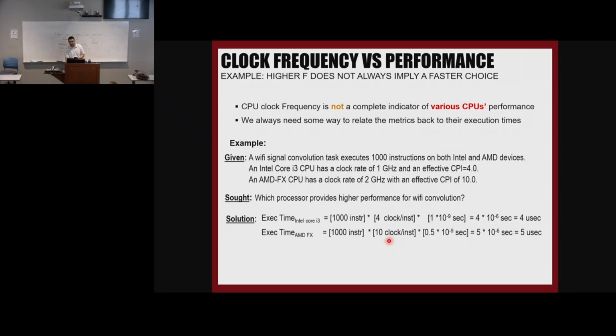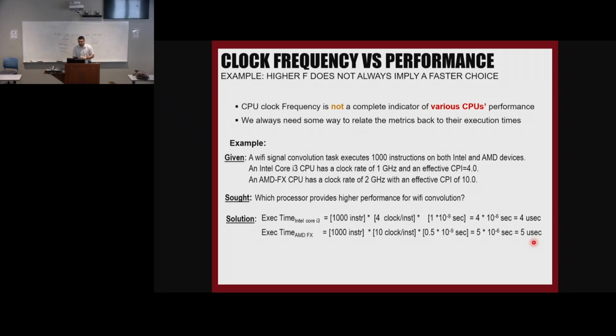Your CPI is more, your clock frequency is also more, so your clock cycle time is less. But when you do the multiplication, you get 5 microseconds for AMD and 4 microseconds for Intel. And what it means is that Intel is going to be faster, although it has a lower clock frequency.